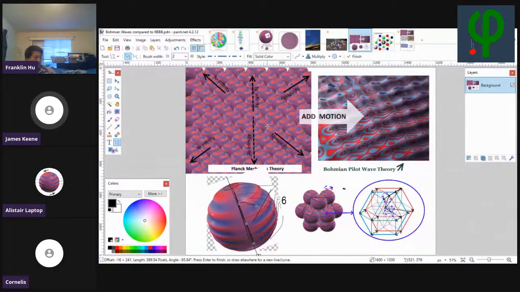In other words, with Cornelius's comments, which I find very welcome, it seems that no matter what you're saying, and by the way, I'm very sympathetic to the approach that Alistair is proposing. It's very imaginative, but we always get back to what is then the mass of each of these little balls in the center bottom row picture there.